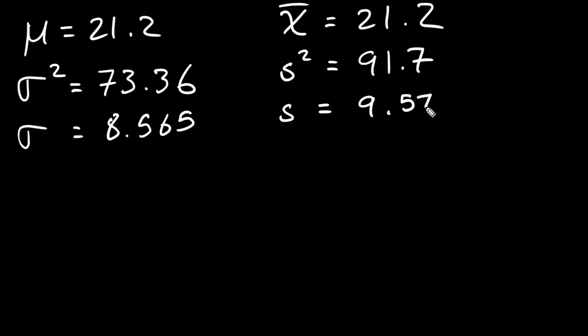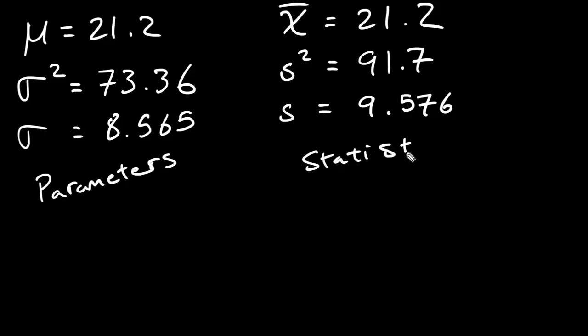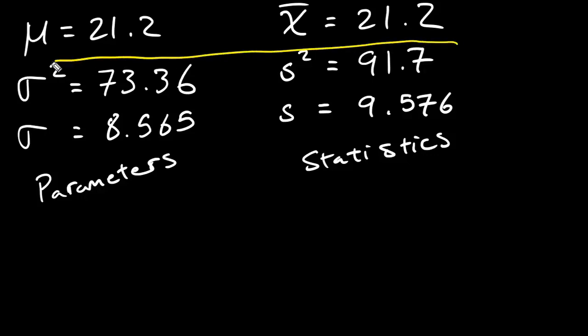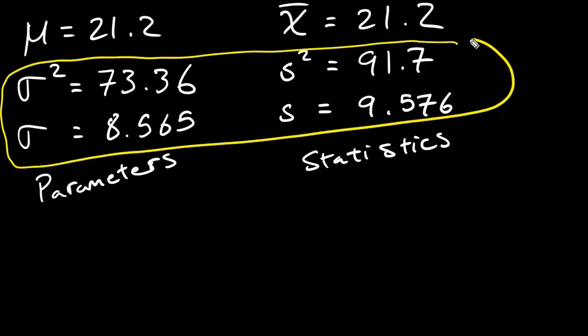Again, these are from the same numbers. The only difference is one is the parameters and one is the statistics. We're not really going to talk too much about the importance of being able to identify that. We've talked about that enough. What I do want to point out is the ones that are different: our actual variances and our standard deviations.